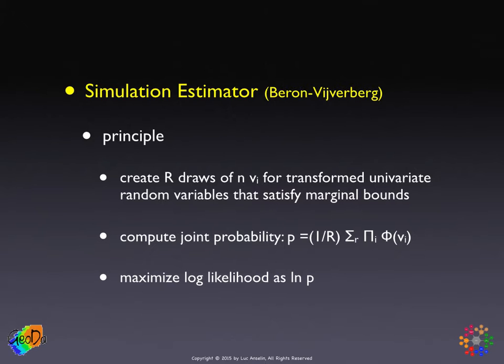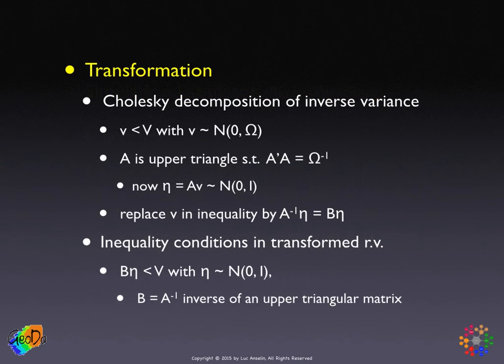So how does this work? First, the transformation. We're going to use something called the Cholesky decomposition, which is a decomposition of a square matrix into two triangular matrices, a lower triangular and an upper triangular. And actually, they're the same.